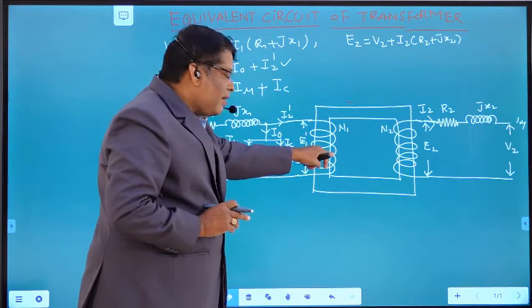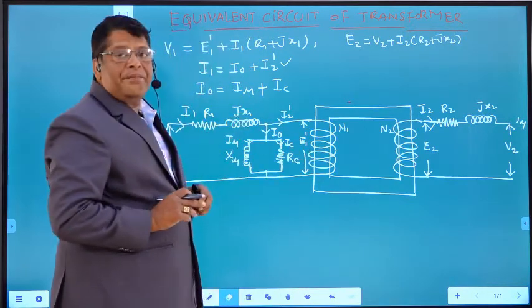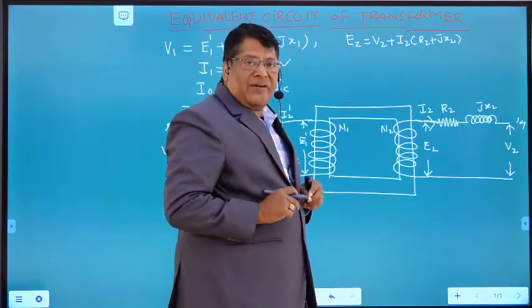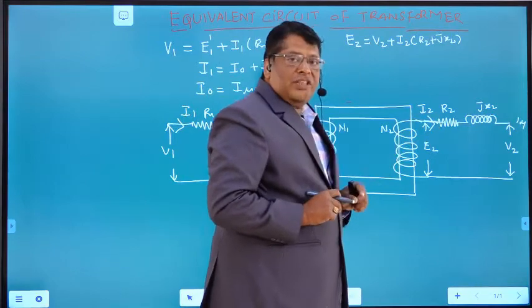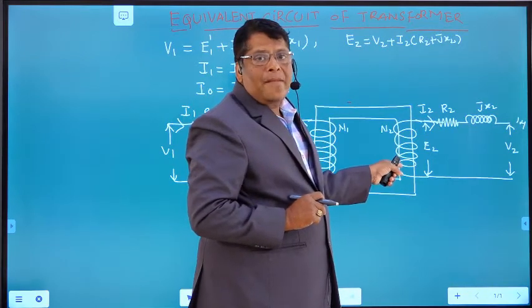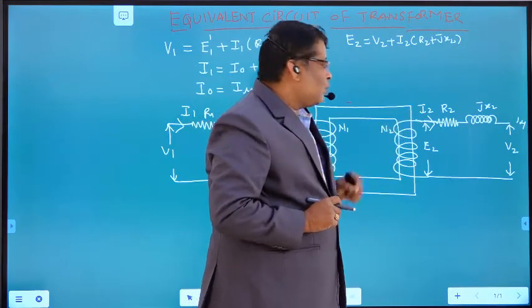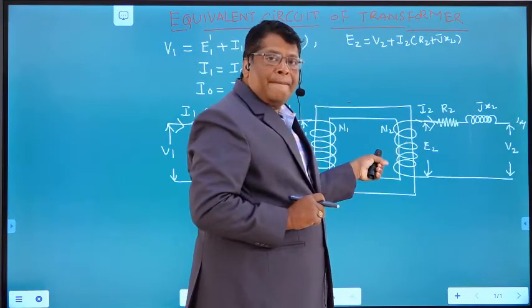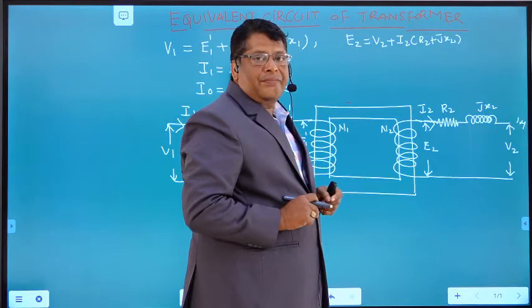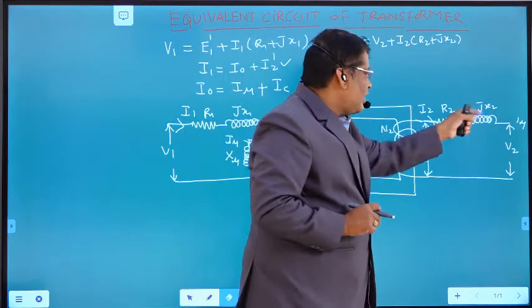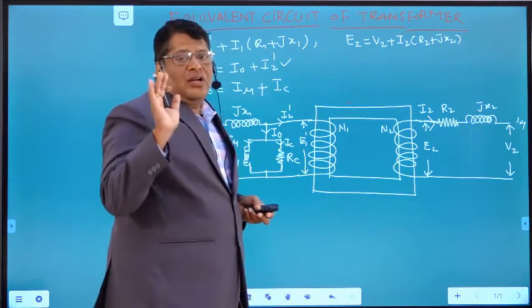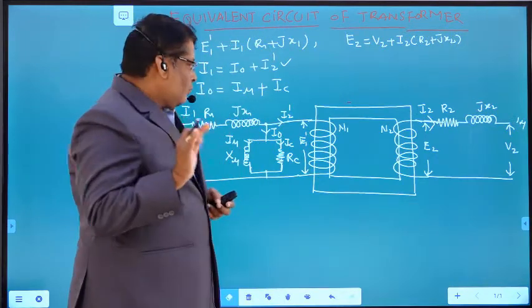Leakage flux in the primary winding we represent with X1. In the same manner, in the secondary winding, R2 is the copper loss occurring in the secondary winding. X2 is the leakage flux induced in the secondary winding, where V2 is nothing but the voltage across the load.